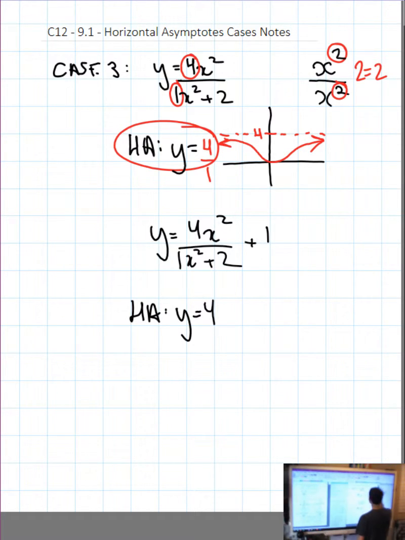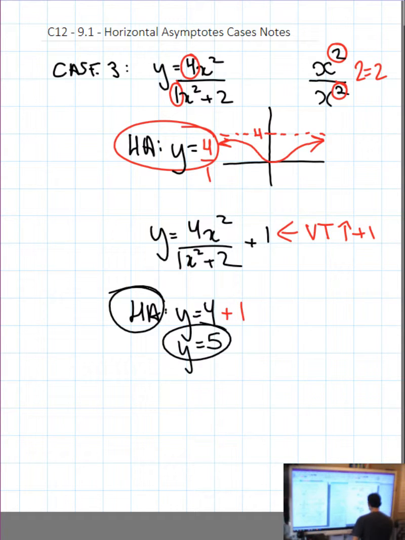But this 1 is a vertical translation up 1, which means that we simply have to add 1 to our horizontal asymptote to get y equals 5.